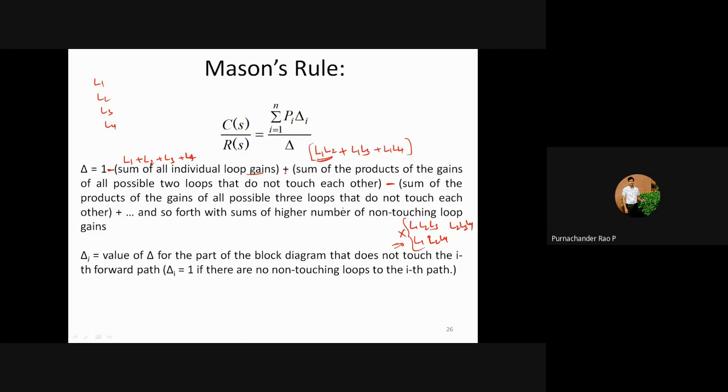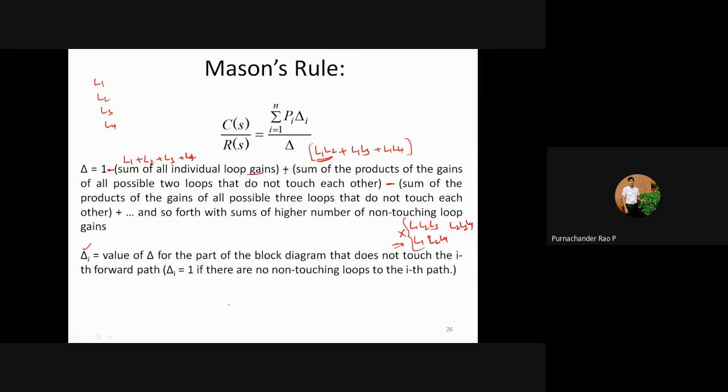After finding the delta, next we have to take delta i. From these values we need to take up these values. Delta i is nothing but the value of delta for that part of the block diagram or signal flow graph that does not touch the ith forward path.